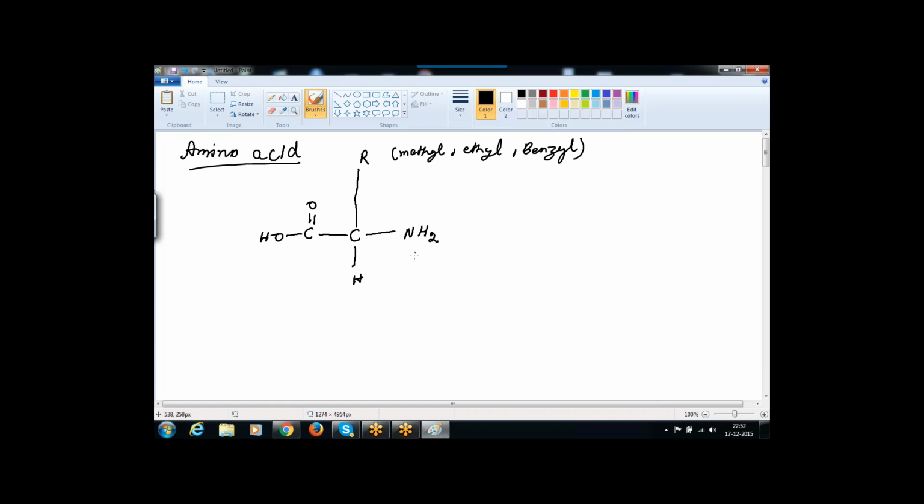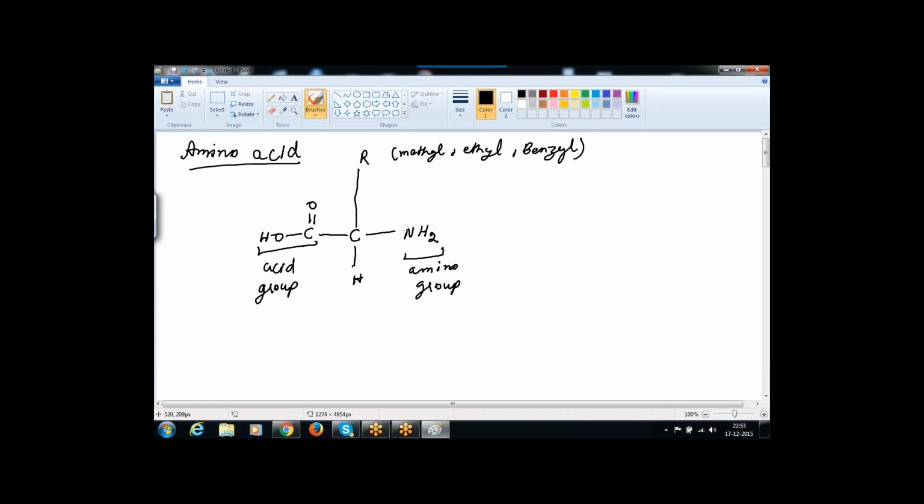So what is an amino acid? Any compound which has got amino group and acid group attached to one carbon. That is called amino acid.